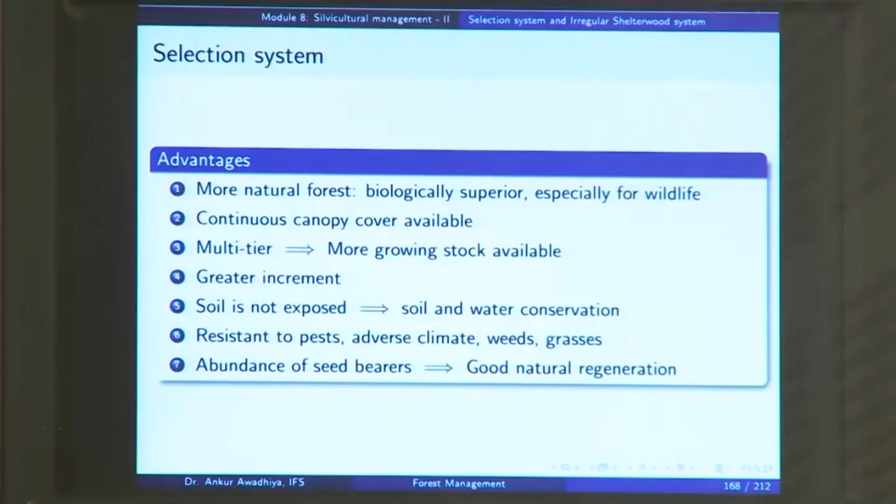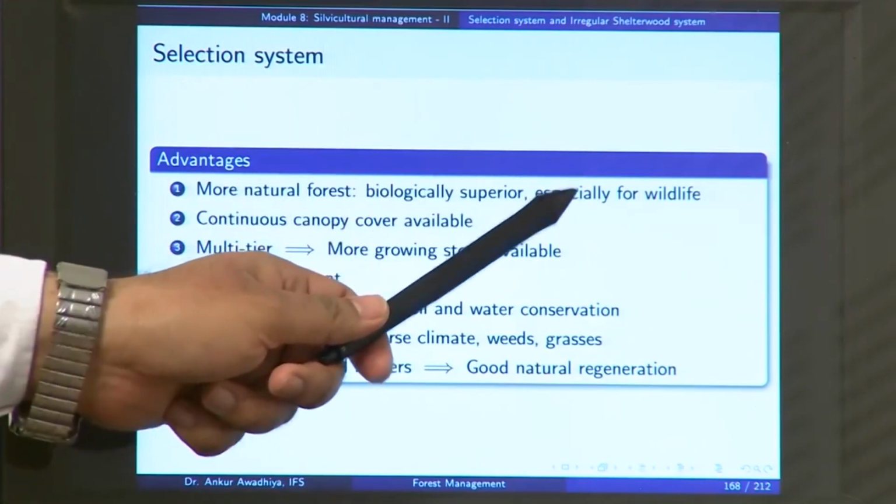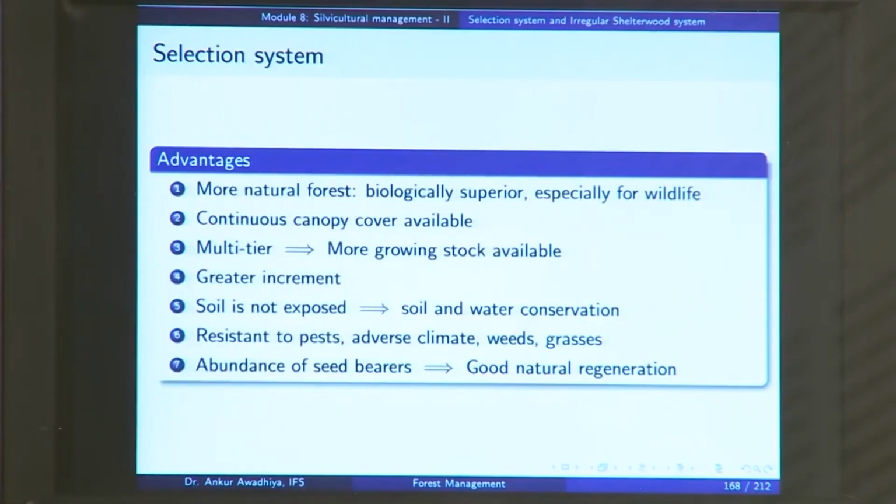So, this is a natural forest, as natural as you can maintain and manage, and so this is biologically superior, especially for wildlife, because all these trees of different age classes have their own utility. In the case of an ideal selection forest, you have a large number of young trees which can be used as food by the herbivores.